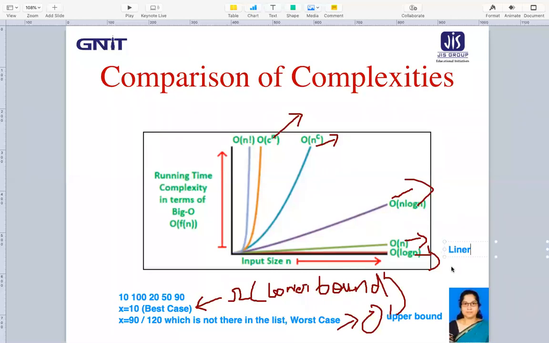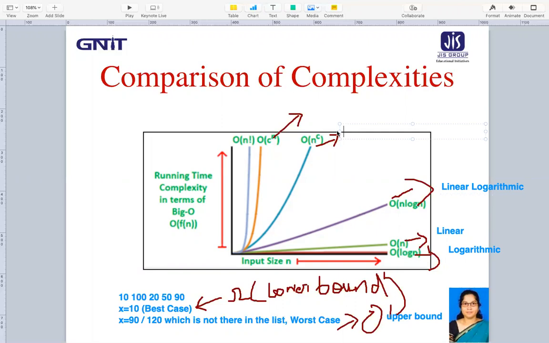So this is logarithmic. This is known as linear, so order of n is linear. This is known as linear logarithmic.